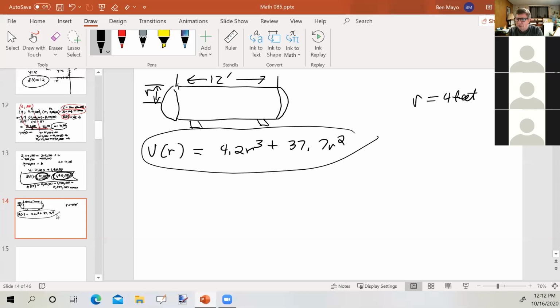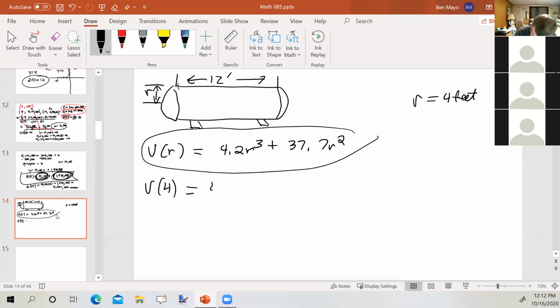So using concise function language, tell me what they want us to find. V of 4. Bingo. Good job. You are that much closer to becoming a full-fledged math nerd, which of course is my goal, to turn everyone into a math nerd. You're getting closer.